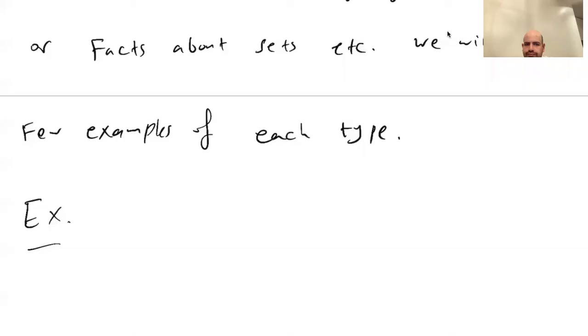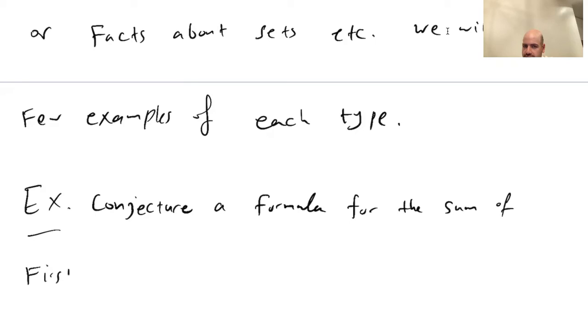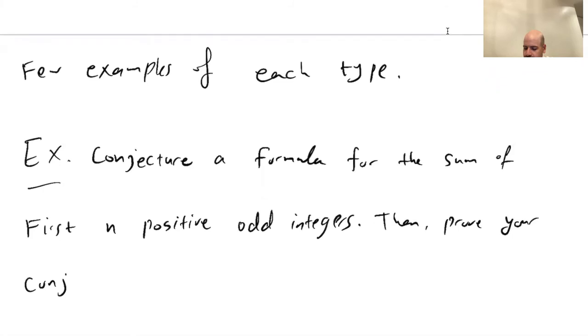Example: make a conjecture for a formula for the sum of the first n positive odd integers, then prove your conjecture using mathematical induction.